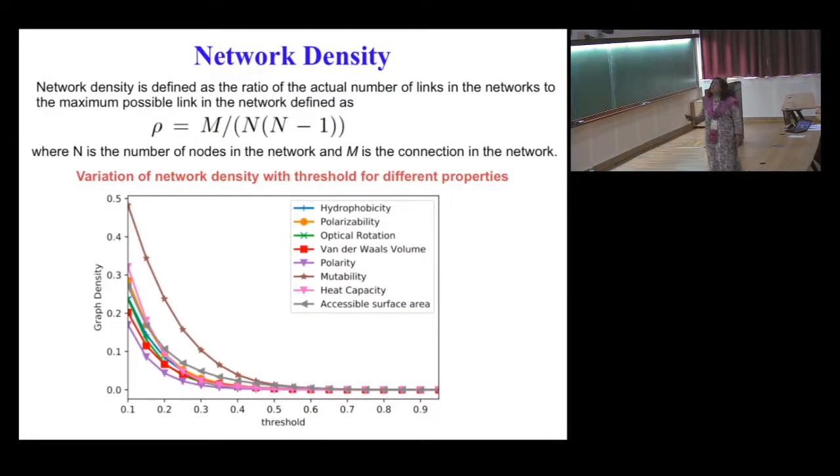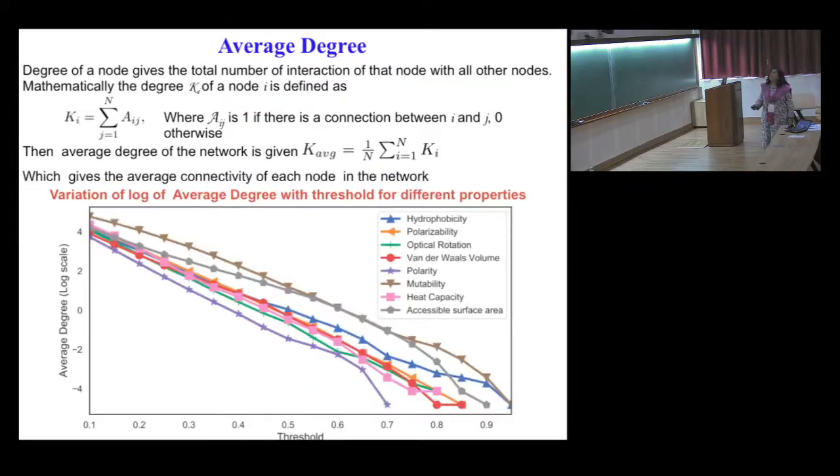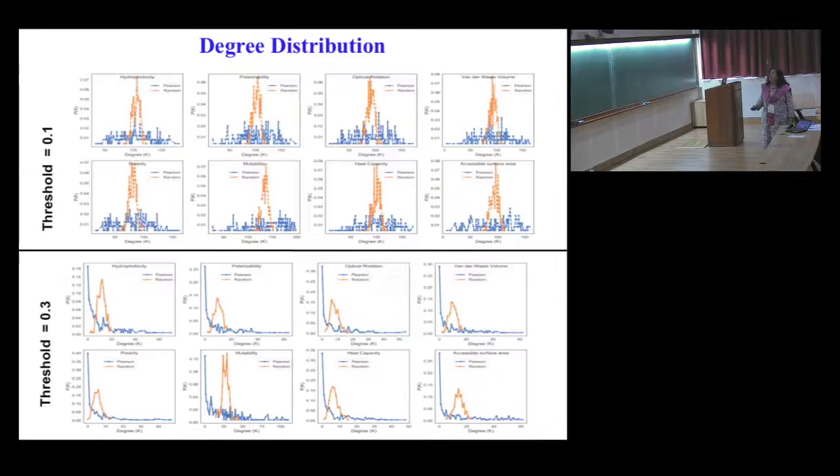And this is some property, it's called the network density. And we've plotted the network density against the threshold here, the average degree against the threshold, the degree distribution for different thresholds, and compared it with the random network.